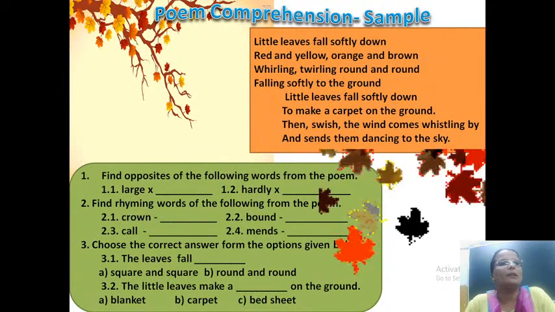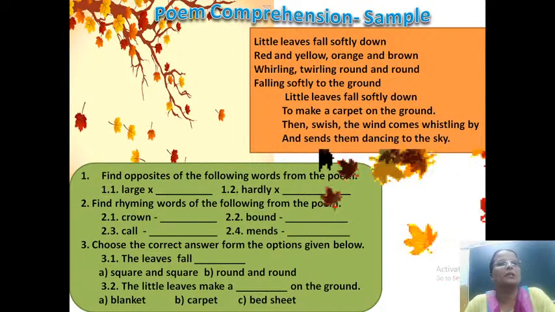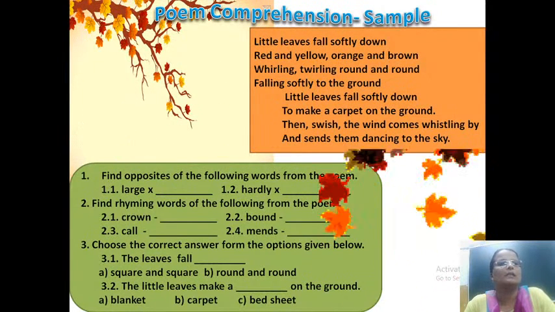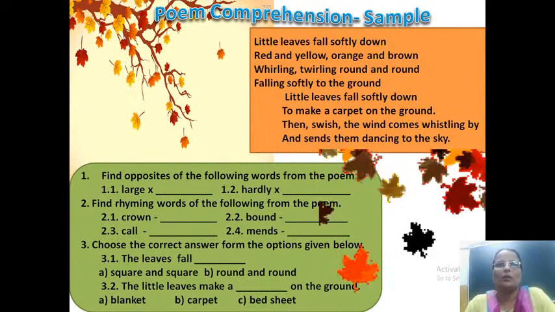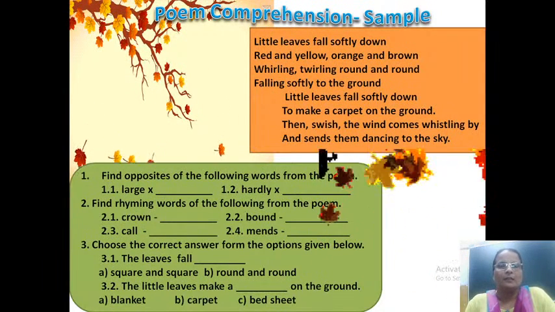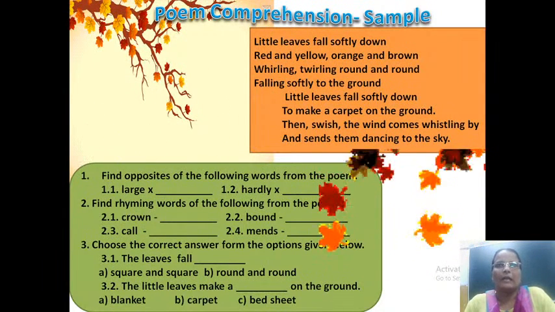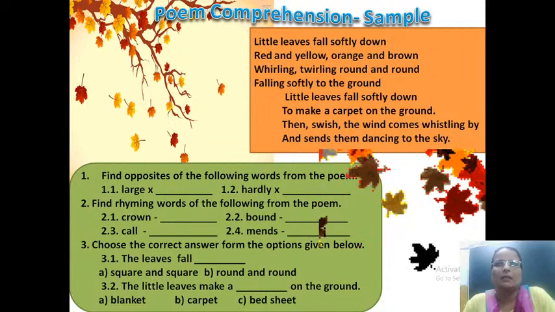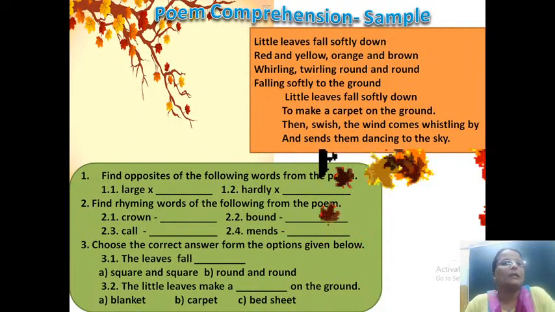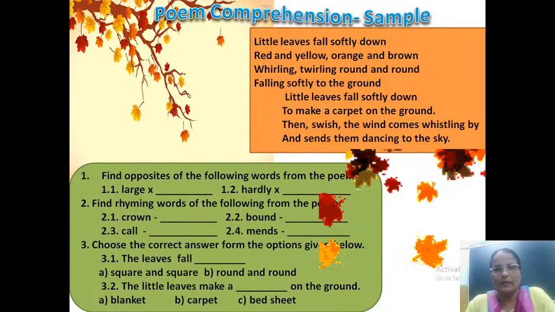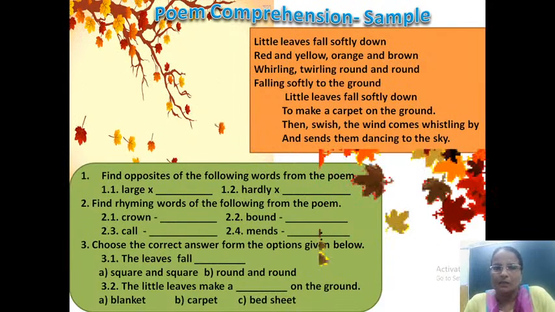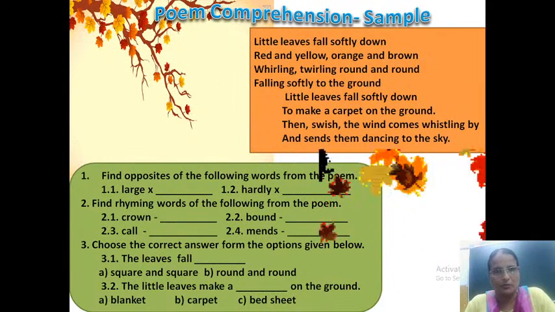Rhyming word of call is, yes, Shreyanshi has written the answer, it is fall. Sagar also wrote the answer. So, if you write call rhyming word given in the poem is fall. If you write wall, no mark. Why? Because wall is not given in the poem. I hope you understood how to do this.